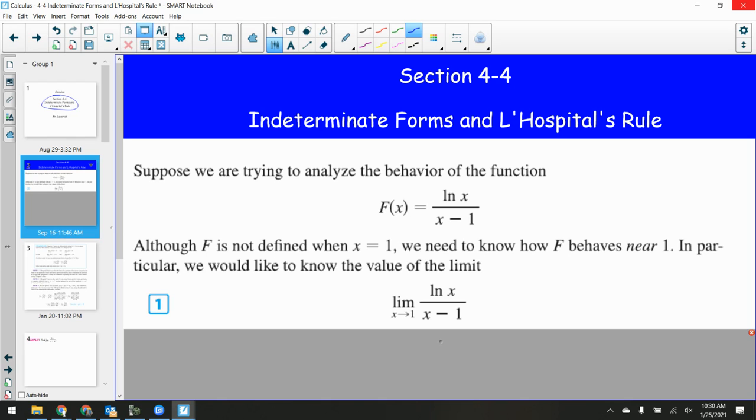Does that work in this case? No. So I would be stuck here. I cannot actually compute this limit by reducing it down in any algebraic way. I can't directly substitute 1 for x.